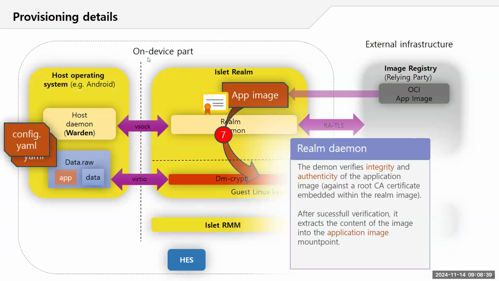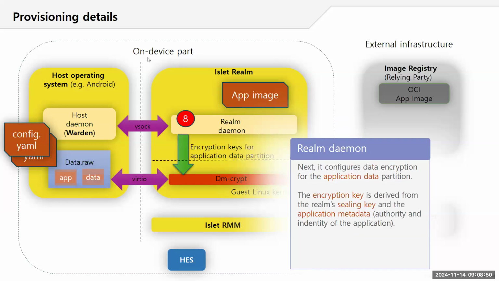Next, the realm daemon sets up the application data partition. It will be used by the application to store its runtime data. Next, to make a unified view of the file system for the application, an overlay FS is configured on top of the image and data partitions.